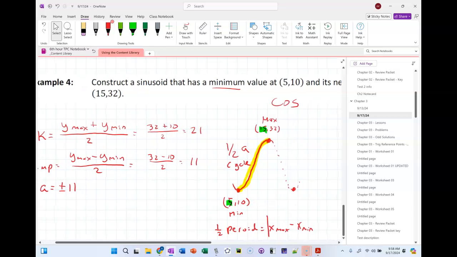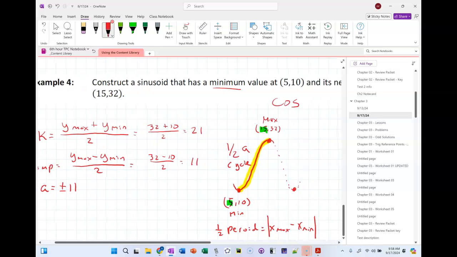And when I write this formula, I'm going to just put an absolute value around it, because I don't know in the future, what if it gave you the maximum value first with the smaller x and the minimum value second with the bigger x? If I just slap an absolute value around it, because it's a distance, so it always needs to be positive, then I don't have to muck around with sometimes it might be x min minus x max.